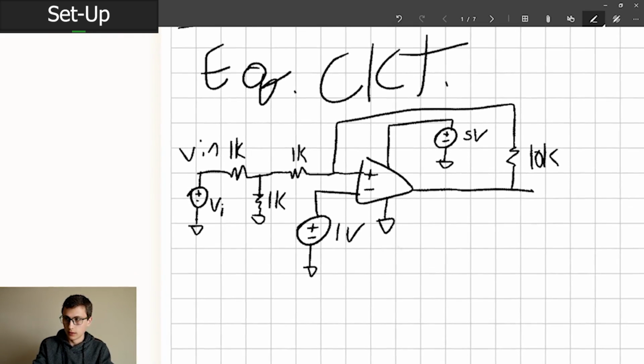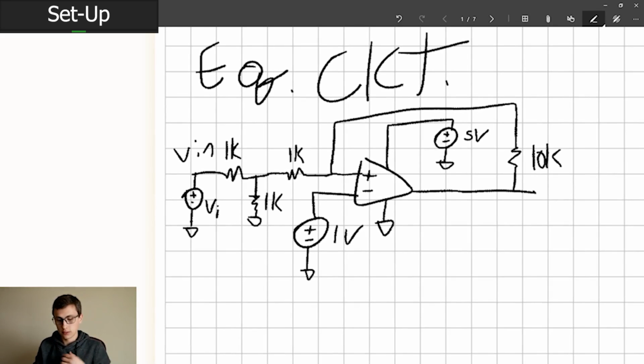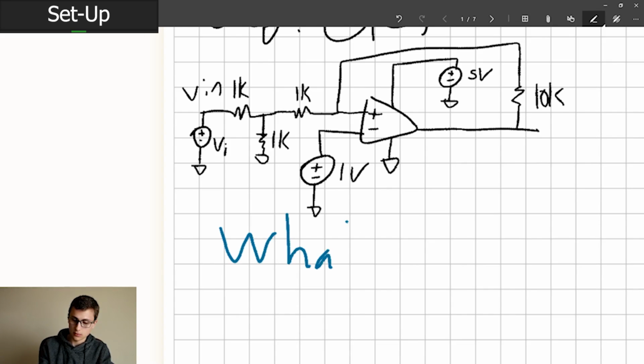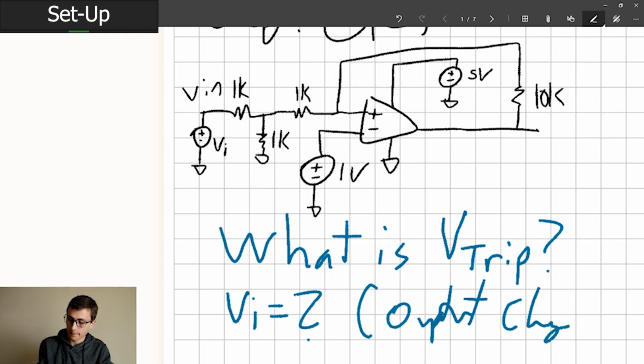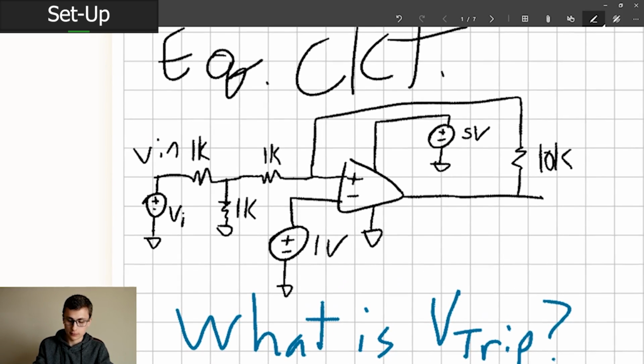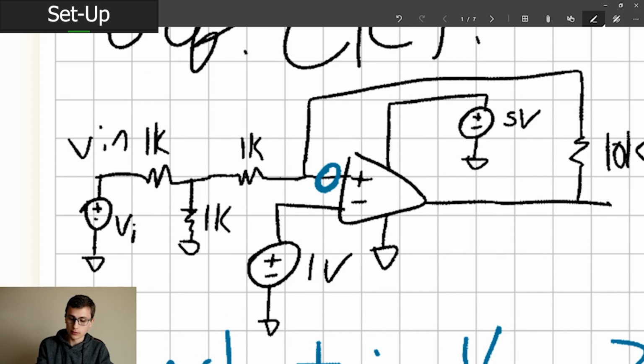All right. The big question that we want to answer is, what is V trip? That is, what voltage does VI need to be to make the output change state? And let's think about that for a moment. So the critical node is this one.